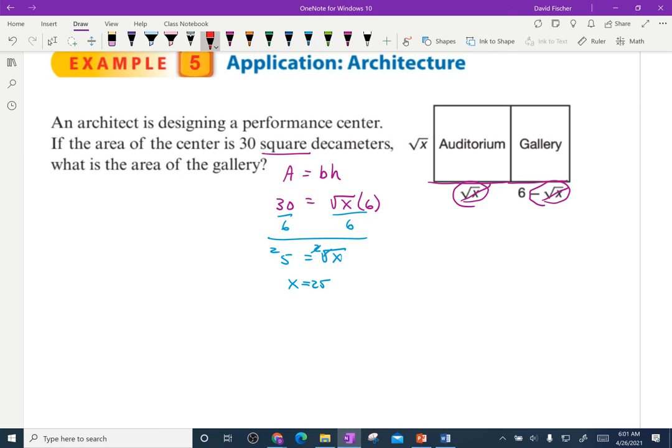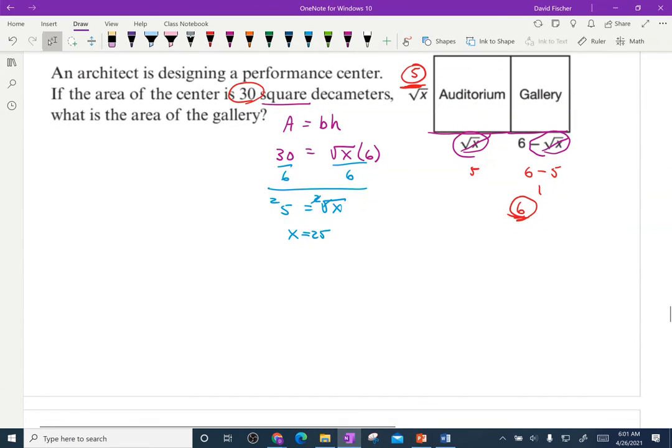Let's see if that works here. The square root of 25 is 5. And then 6 minus 5 would be 1. So 5 plus 1 is 6. Now if I took the base times the height, base is 6, height is 5, 30, and I get 30 like I needed.